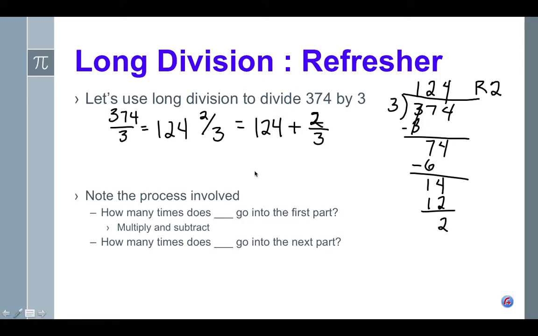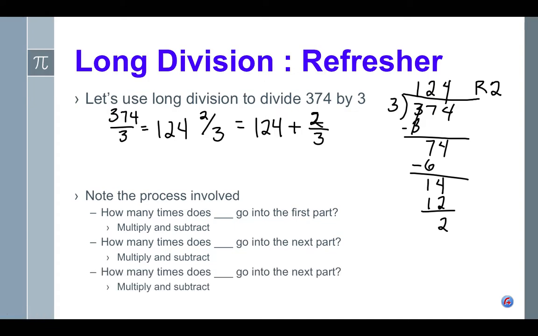In this case, how many times does 3 go into the 7? And then we multiplied and subtracted. Notice it's a very repetitive process that we do over and over again until we get to the very final piece. And that piece is either 0 or it's not. If it's not 0, then it's a remainder. If it is 0, then it's a factor. So we know that 3 is not a factor of 374 because there is a remainder.